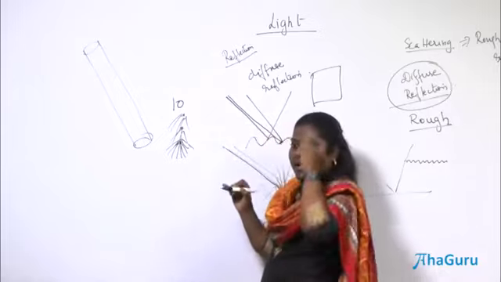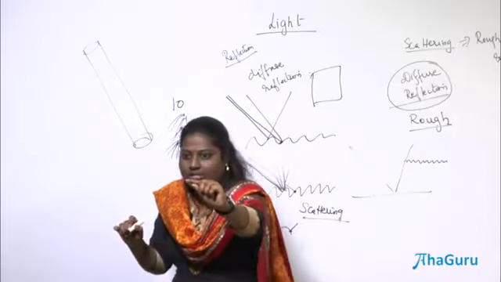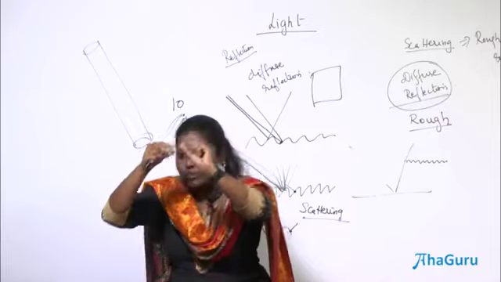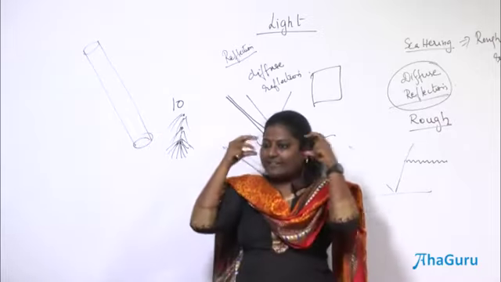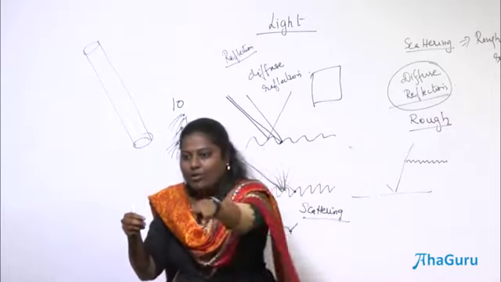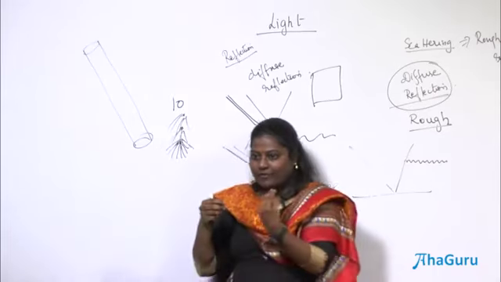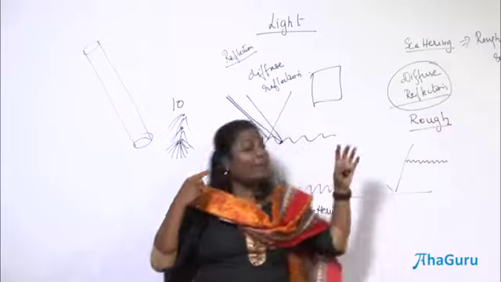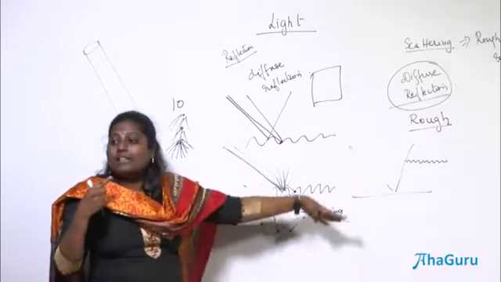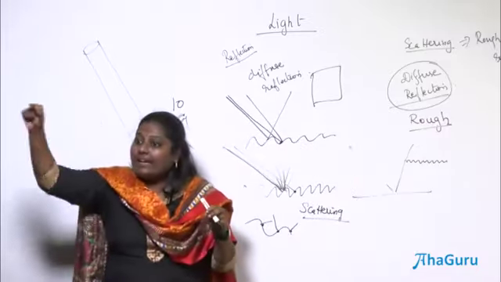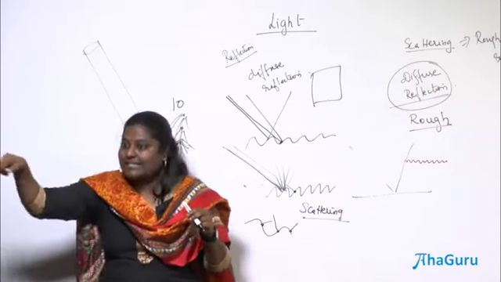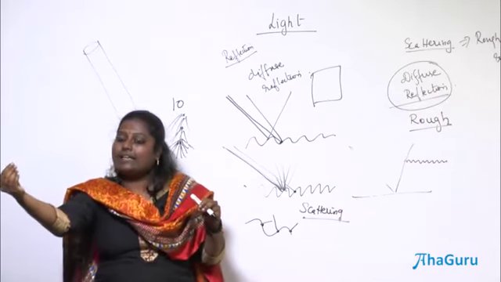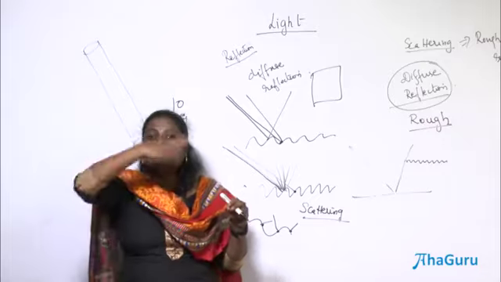But in the mirror, if something from my head goes, everything gets to one point and comes back and gets converged. From my nose it goes as one point, the angle of reflection is the same, and it gets converged inside. Correct? But on the wall, since it's rough, each of my rays lands in different places and each starts acting as a source and starts scattering.